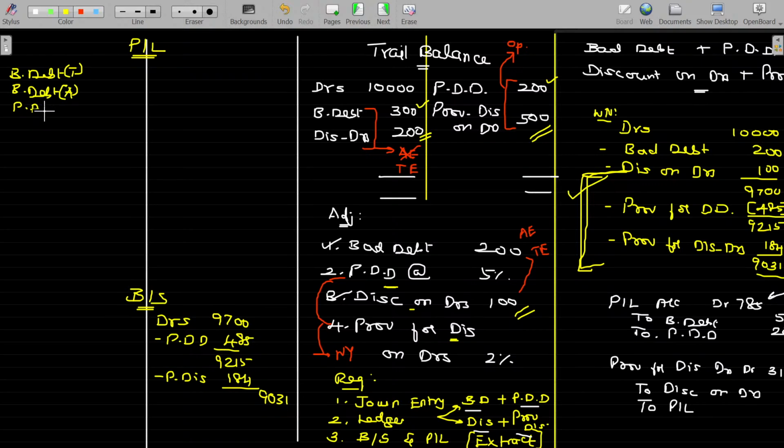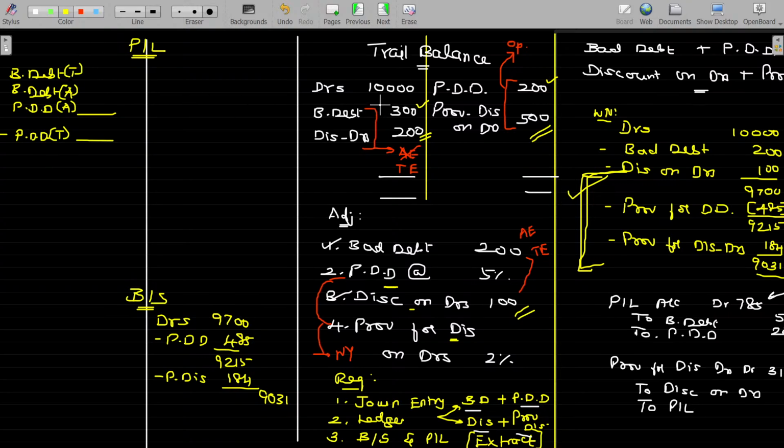Provision for doubtful debts to be created for the next year's requirement, usually given. From there, subtract the provision for doubtful debts already available, which is nothing but the opening balance given in the trial balance. The ultimate value is transferred to either the debit side or the credit side. If the value is positive, put that value in the debit side. If the value is negative, put the value in the credit side.